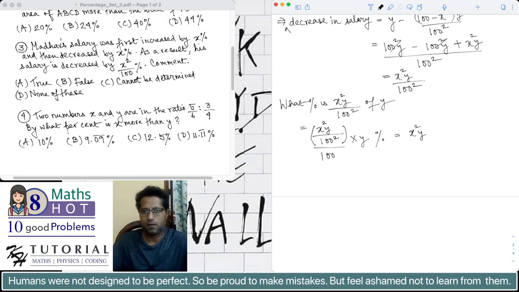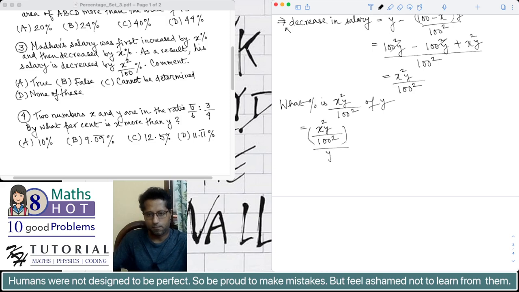Sorry, I made some mistake in finding the percentage. So we have to find what percentage is X square Y by 100 square of Y. That will be X square Y by 100 square, whole divided by Y multiplied by 100, this much percentage. Now if we simplify, we get X square multiplied by 100 divided by 100 square multiplied by Y, this much percentage.